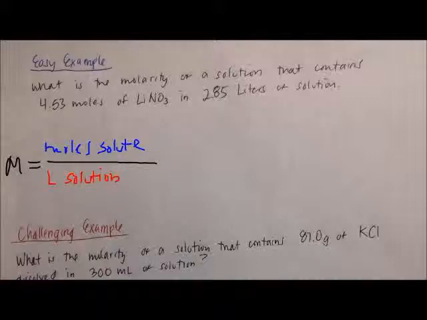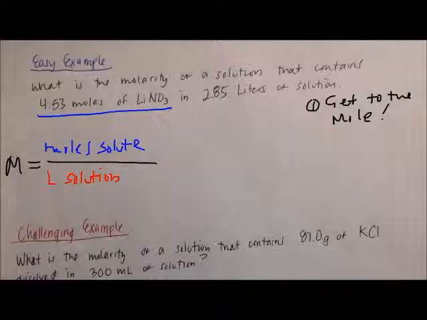Now, whenever we work on a molarity formula, we need to do 3 steps. So one is get to the mole. For this one, we're given 4.53 moles of lithium nitrate. That is also our solute. Since we're already at moles, we just plug that into the top of the formula. So we have 4.53 moles.